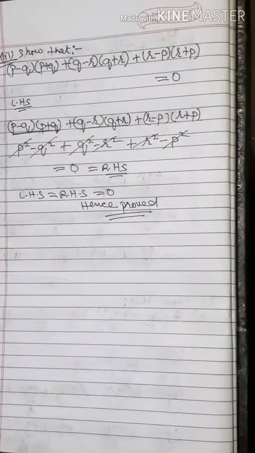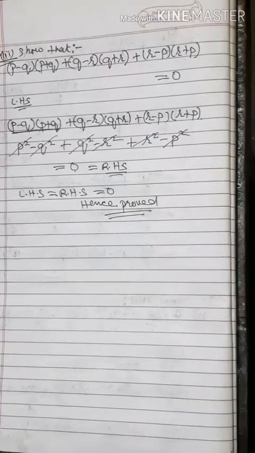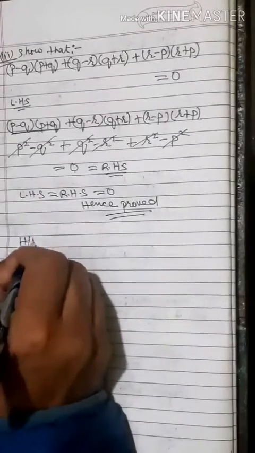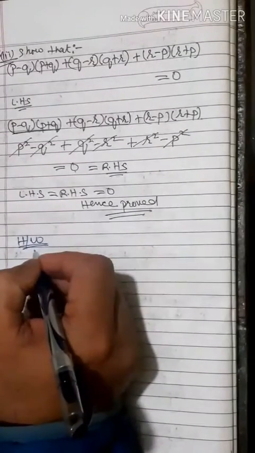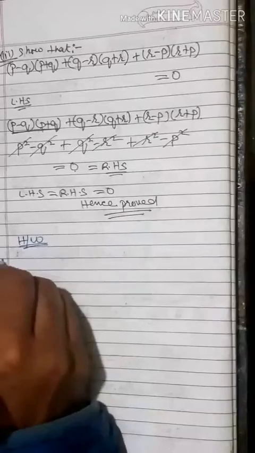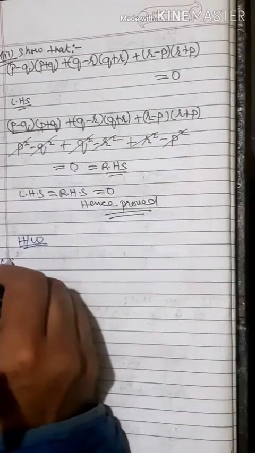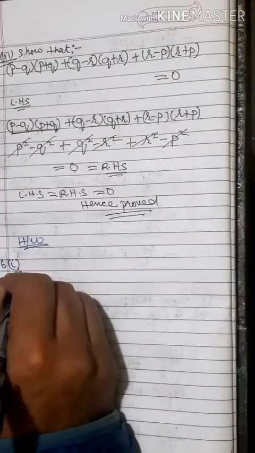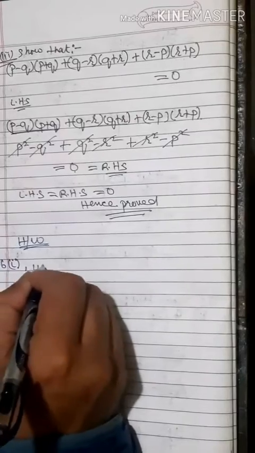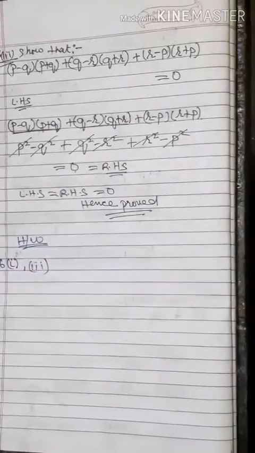Okay, now after this, let us see what would be your questions for your home assignment. We begin from question number 6 Roman 1 and question number 6 Roman 3.